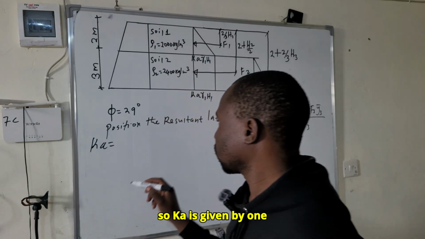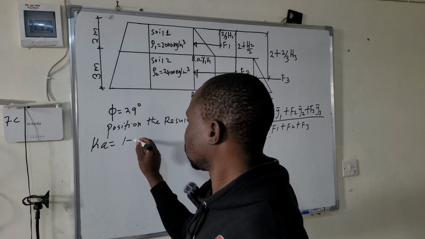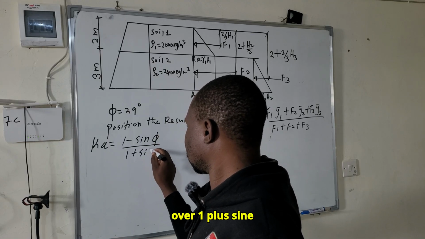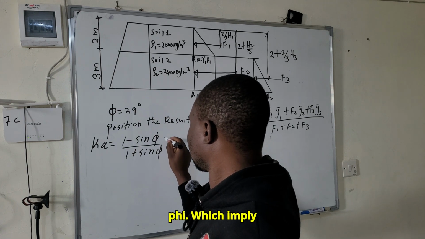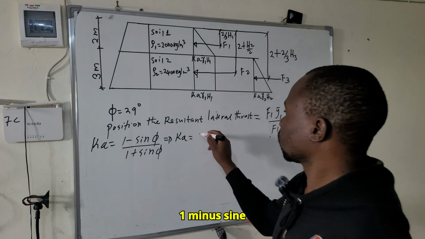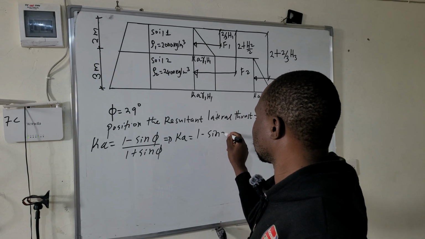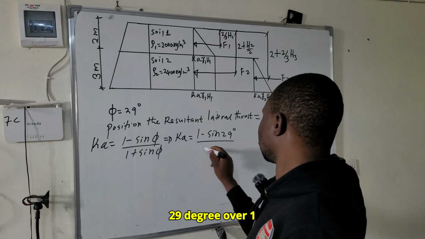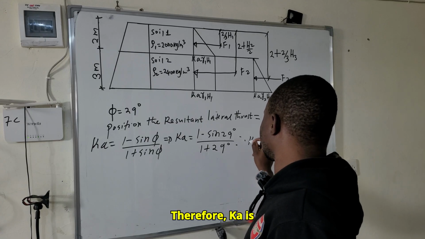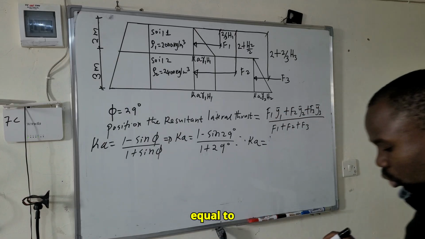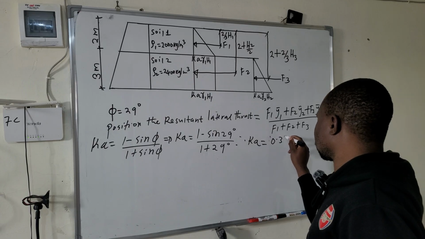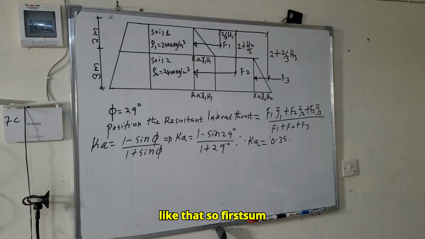So Ka is given by 1 minus sine phi over 1 plus sine phi, which implies Ka is equal to 1 minus sine 29 degrees over 1 plus sine 29 degrees. Therefore, Ka is equal to 0.35, like that.